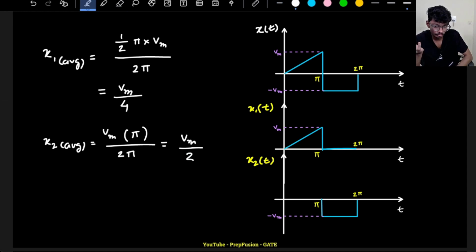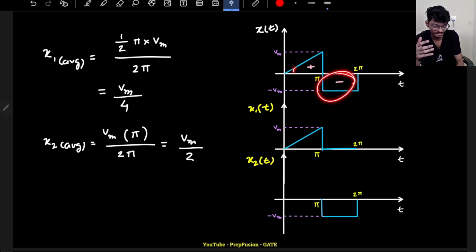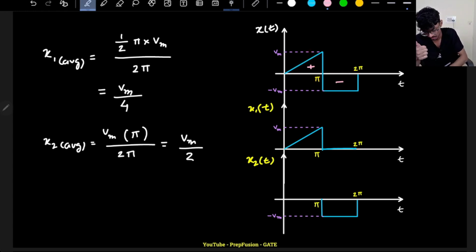So ultimately what will your final result be? This is attributing to some positive area, this is attributing to some negative area. Visually I can see the negative area is more than the positive area. Of course, the average also will be somewhat negative, because the negative area is more than the positive area. So the average will be minus Vm by 4.